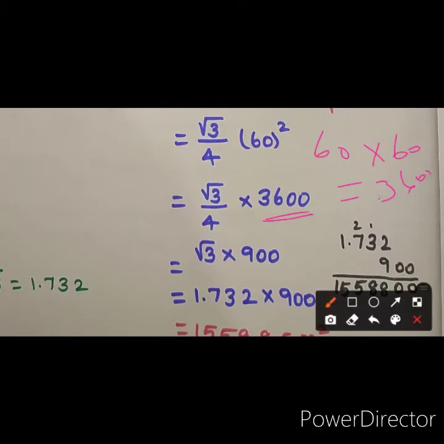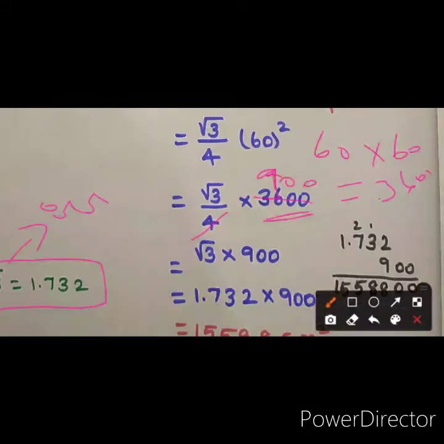Root 3 is equal to 1.732. Root 3 is an irrational number. So, root 3 by 4, we are cancelling 4 here with 3600, simplifying, 900.